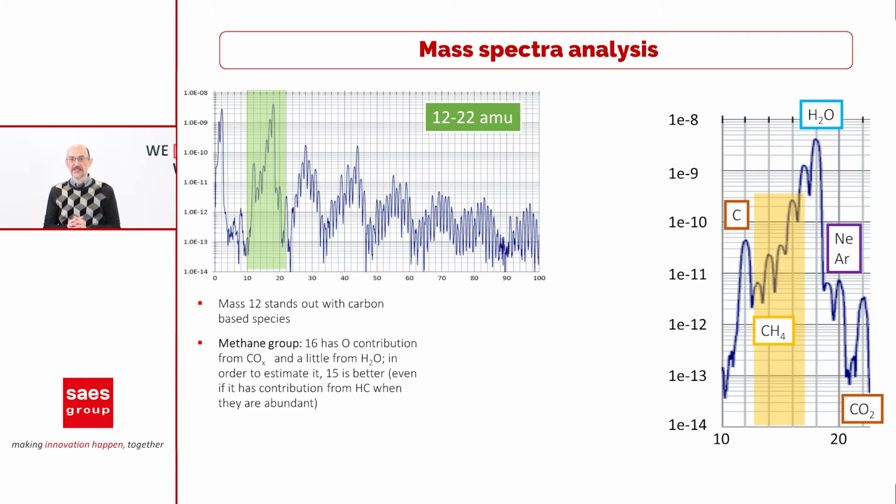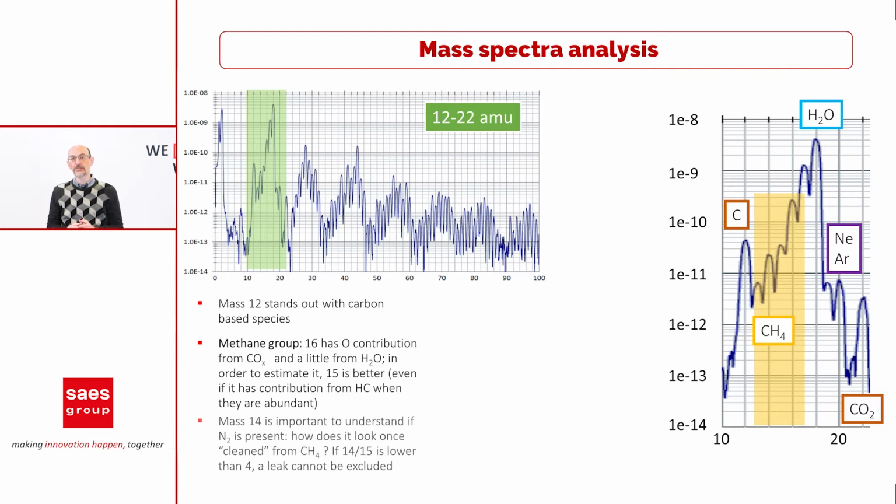The main peak is 16, which has contributions also from CO, CO2, and a little from water, which anyway must be considered if water is abundant. So, to estimate methane, it's better to look at mass 15, even if when there are many hydrocarbons, there's a large amount of methyl groups, CH3, produced by fragmentation.